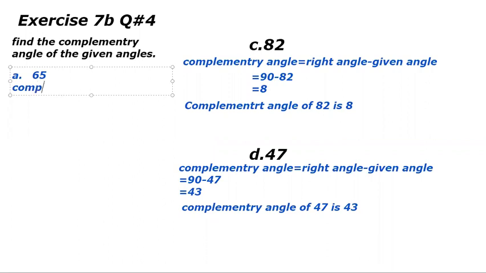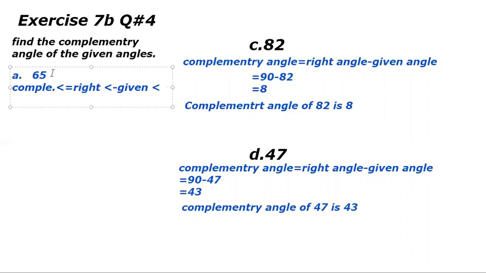The formula is complementary angle, I'm just writing COMP because I don't have much space, this is the symbol of angle, equals right angle minus given angle.